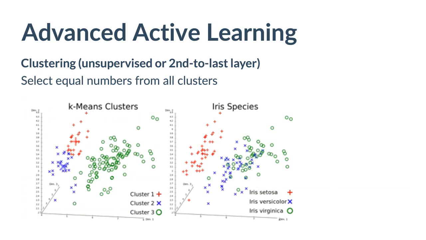And so some more advanced techniques. You can look at methods either outside of your model, so you can think about clustering. And what's interesting I found is that even basic clustering, like k-means, can be fairly effective. So you can take your unlabeled data set, let's say put this into 100 different clusters, and then you sample from each of those clusters.